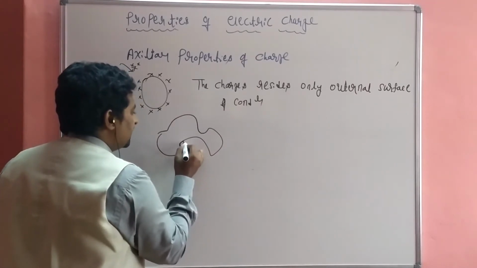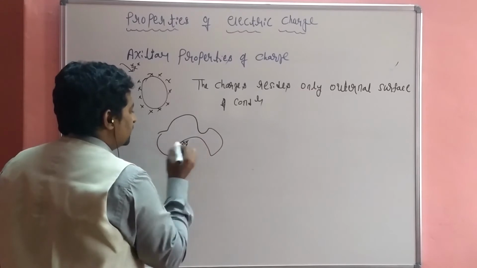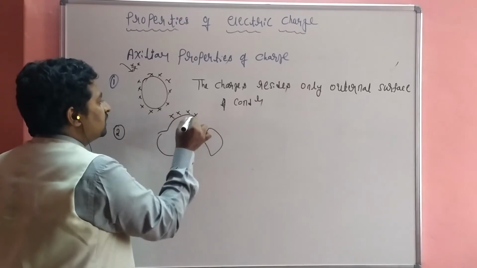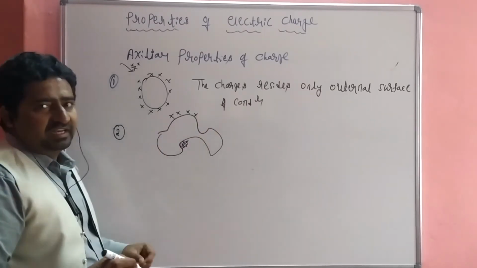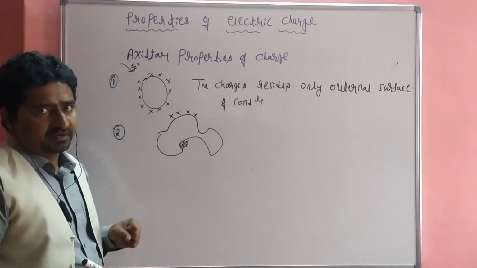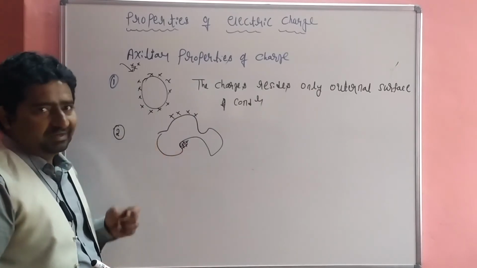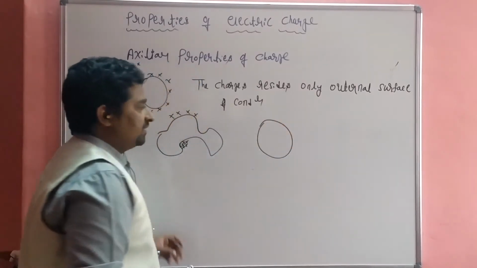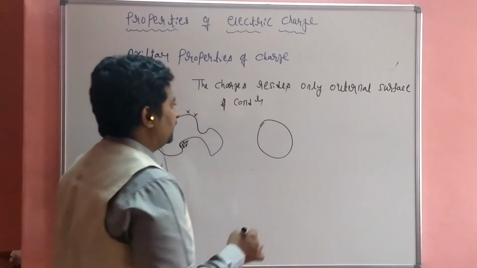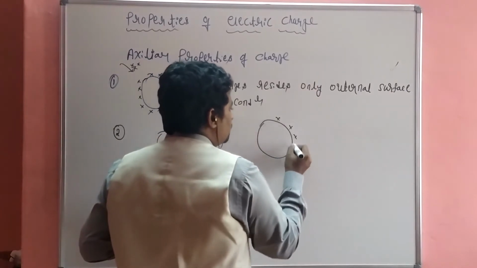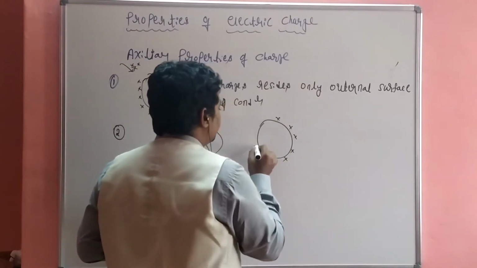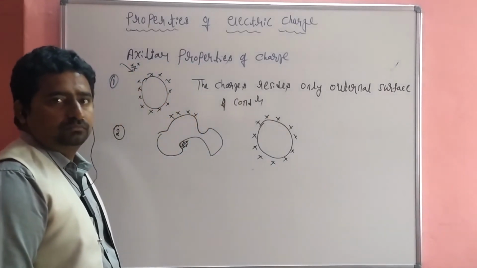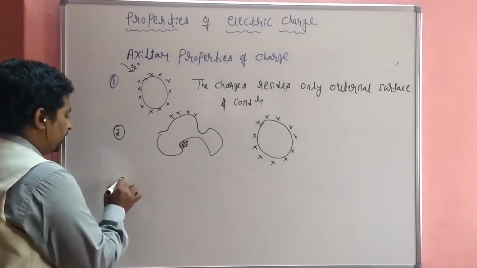Where the curvature is larger, fewer charges reside. In the case of a regular body, the charges are distributed uniformly like that.